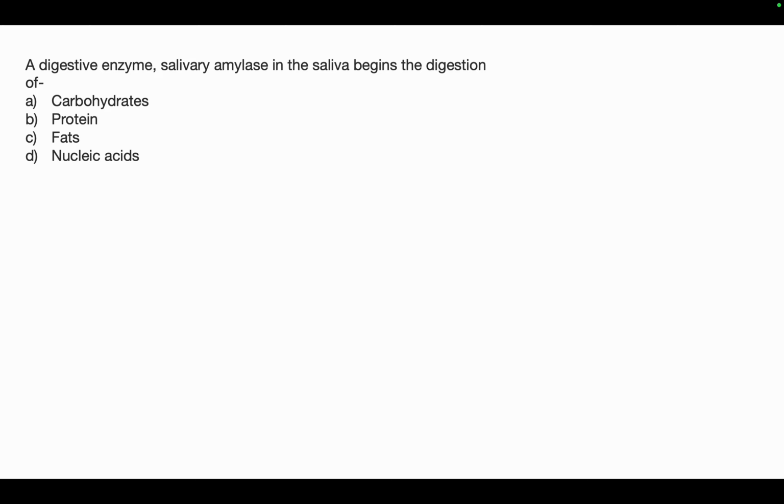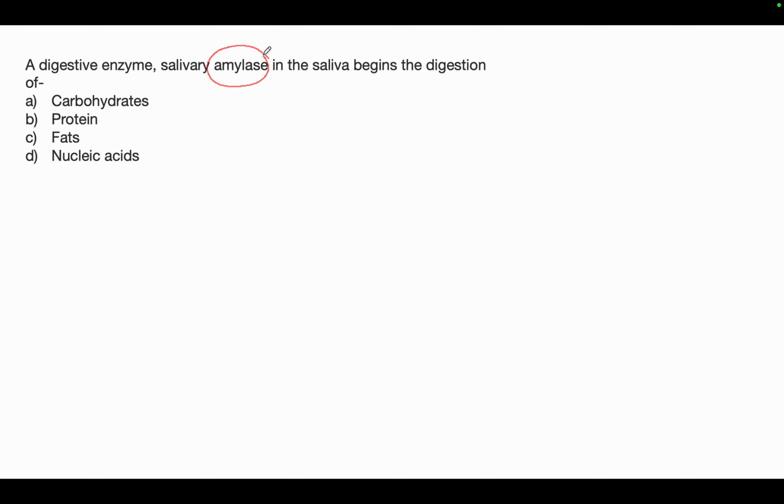Digestive enzymes: salivary amylase in the saliva begins the digestion of carbohydrates, protein, fats, nucleic acid. Salivary amylase, as you can see from the name, has amylase.